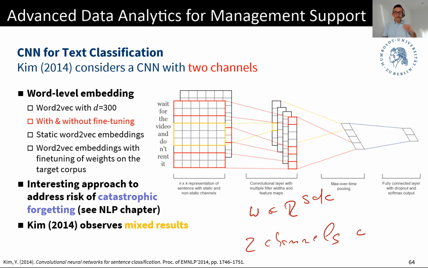So the real question is, what was the second channel in text? We don't have 3 color channels. And Kim was using word2vec embeddings without fine-tuning as one channel and with fine-tuning as another channel. That's interesting.